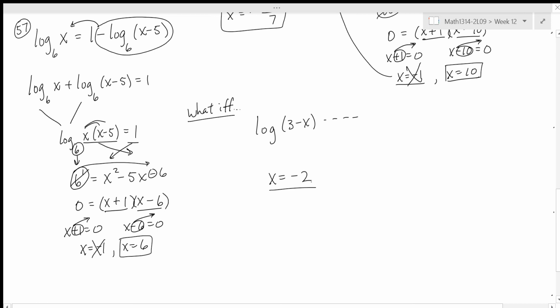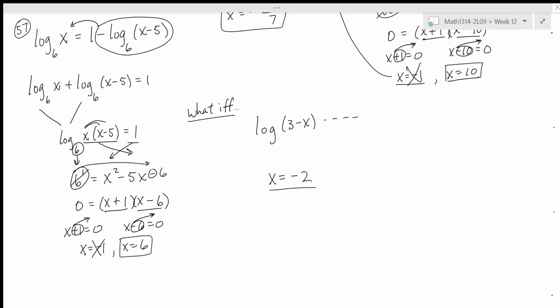So if you heard me say x can't be negative, then you're going to throw out this answer. But that's not what I said. I said when you plug it back in, it can't make this negative. So if I plug negative 2 back in here, that's going to be minus a negative, which makes it a positive, and 3 plus 2 is 6, and there's not a problem with that.